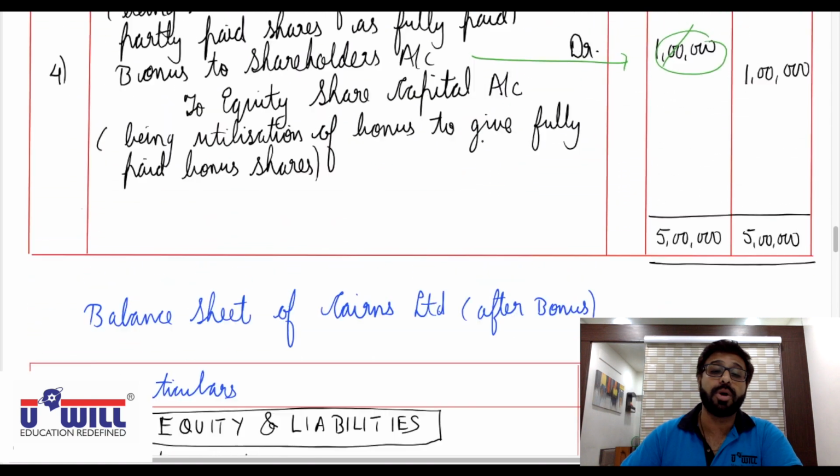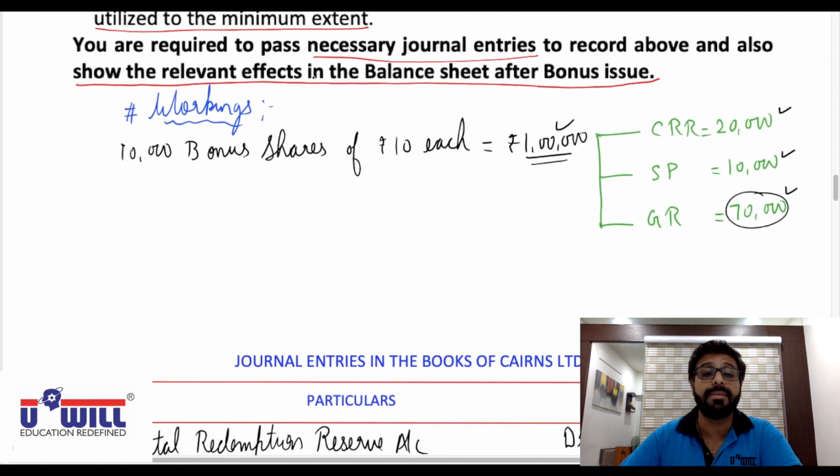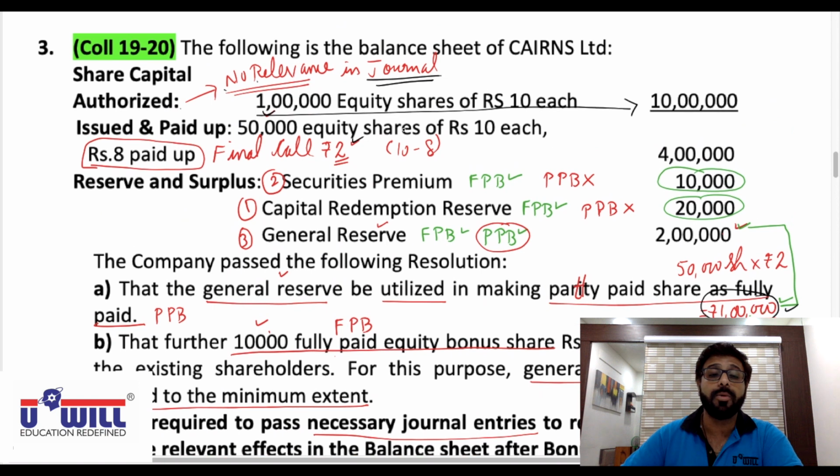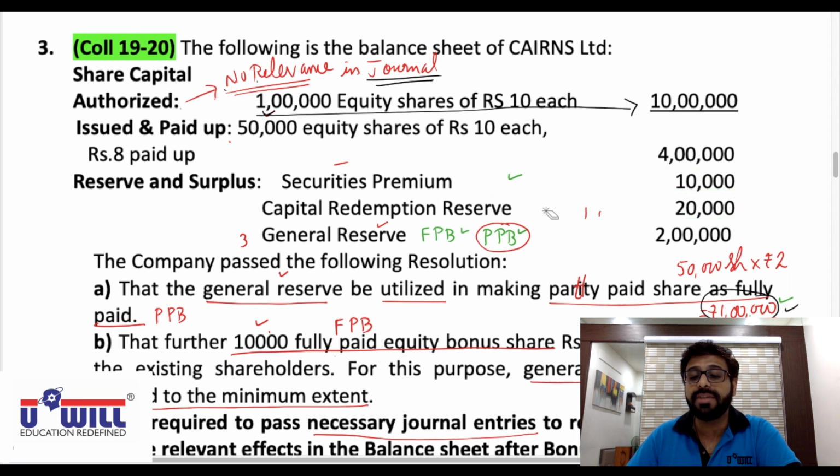Now understand this properly, everyone. Be very, very attentive how to get this issued, subscribed and paid up capital's amount. Listen very carefully. Okay, all of you. Just be very attentive here.